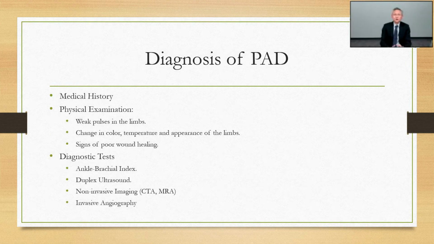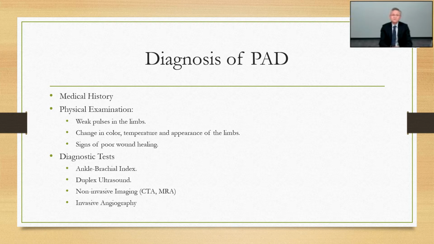So now that we know what PAD is and what the risk factors are, we know how badly it can compromise our body function. So how do we detect this problem? There are different modalities for us to identify and diagnose PAD. But for us in the general population, I think we need to really focus on the signs and symptoms of PAD.